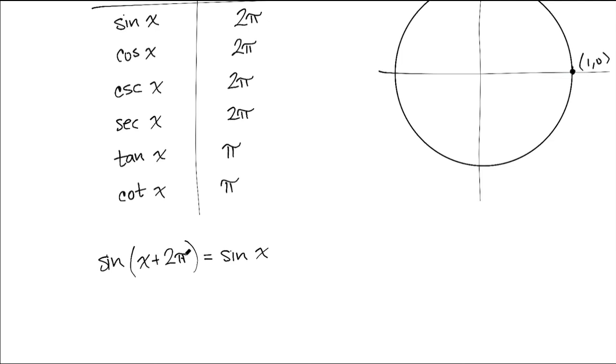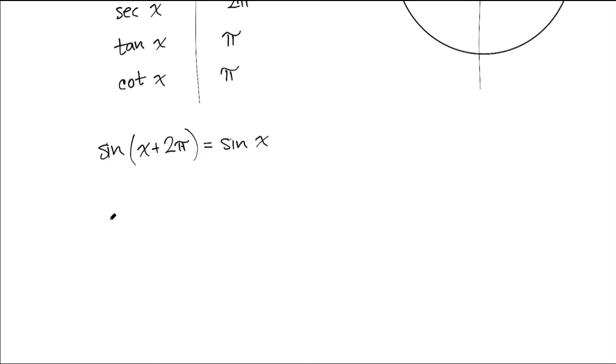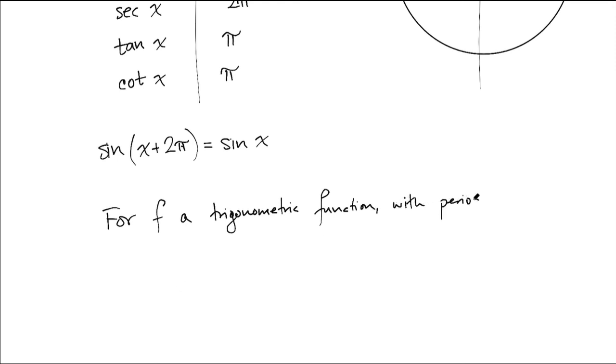You'll still repeat. And so we have some nice properties that say that if you take a trigonometric function, which I'll call f, a trigonometric function with period p, then f of x plus any number k times the period will equal f of x.